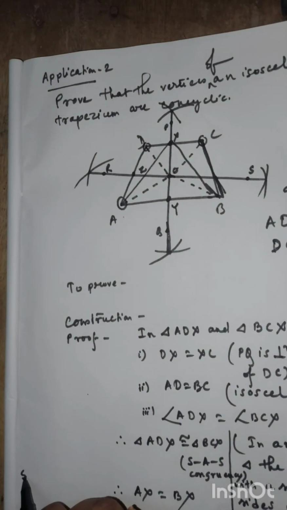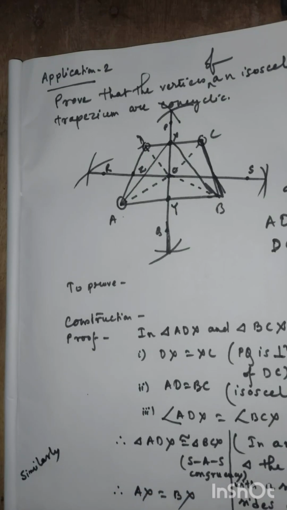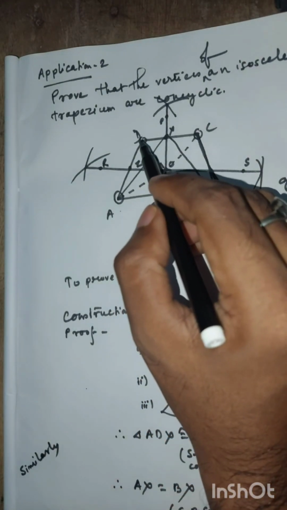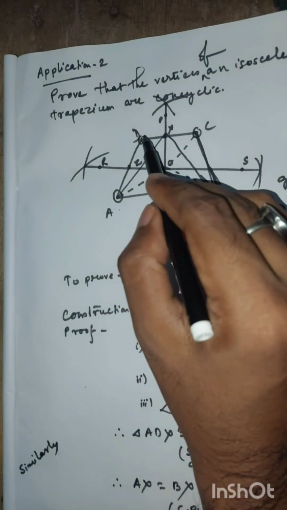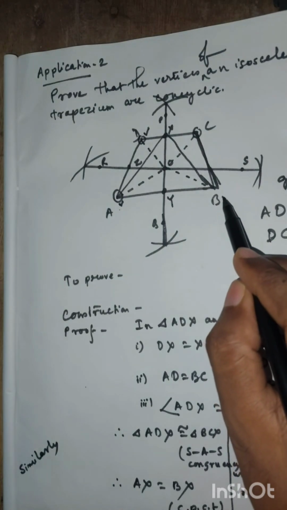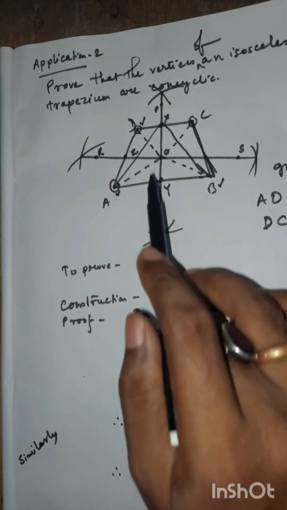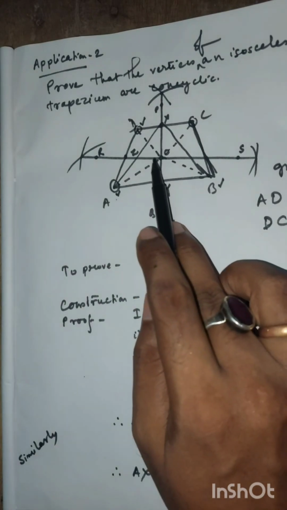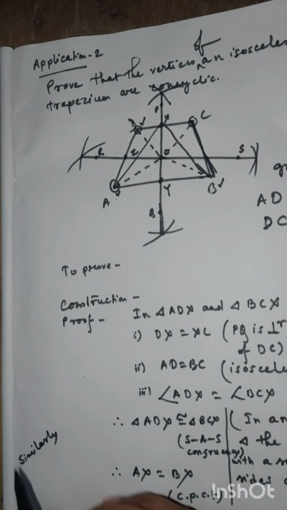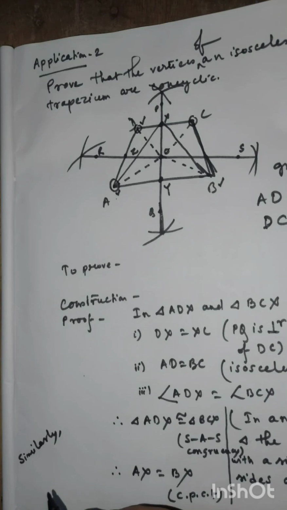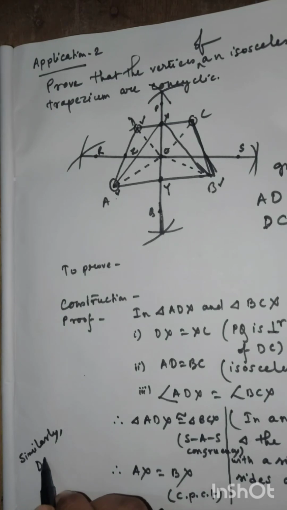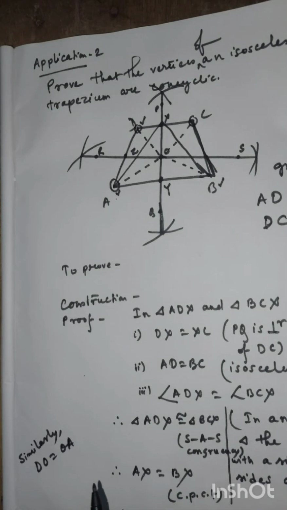Similarly, for these 3 points, point D, point A and point B, these are two perpendicular bisectors again, and they are intersecting at a point O. So D, A and B will be equidistant from this point O. Similarly, we can say OA equal to OB.